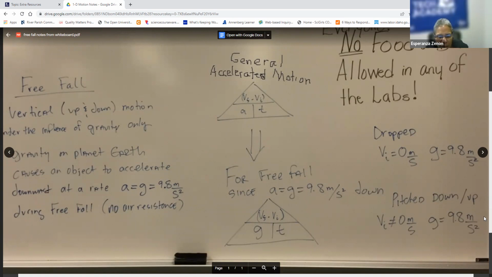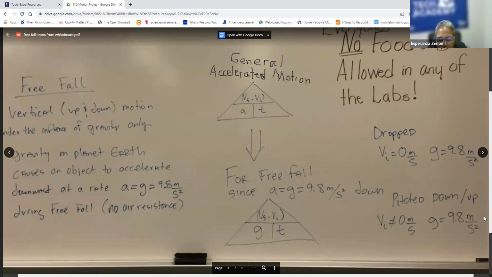On the bottom pyramid, the object is free falling, but getting faster or slowing down, but the acceleration is constant. Okay. In the top pyramid, the acceleration is constant, but the object is moving horizontally. On the bottom pyramid, the object is moving with a constant acceleration vertically, and that means our acceleration is fixed.